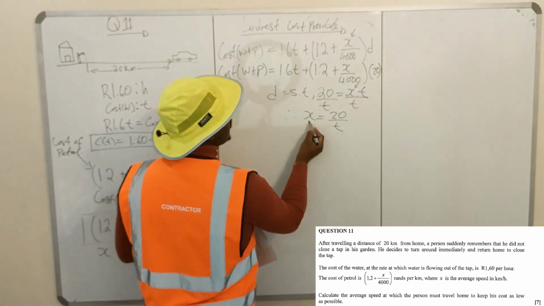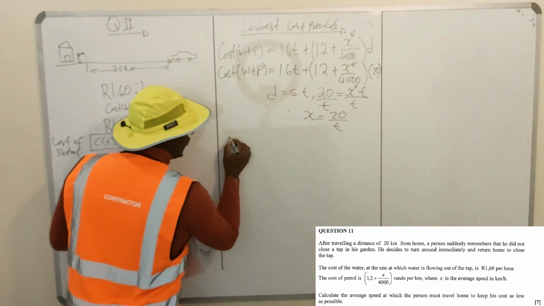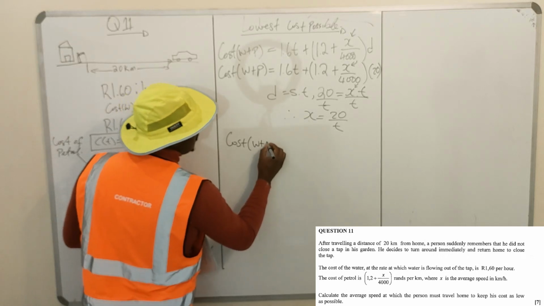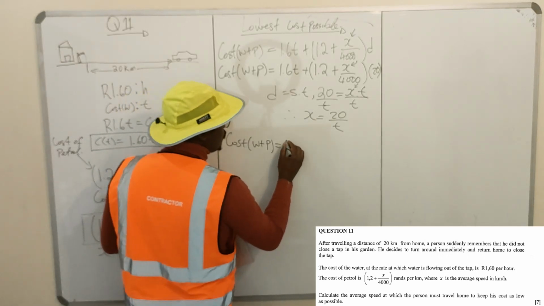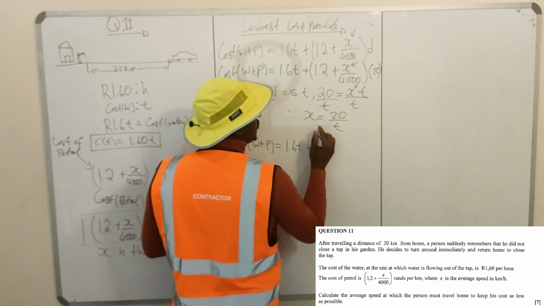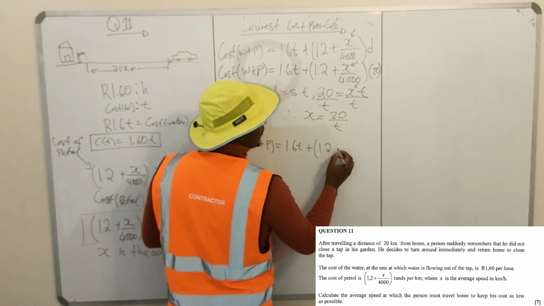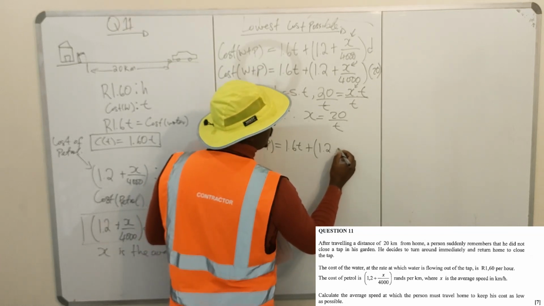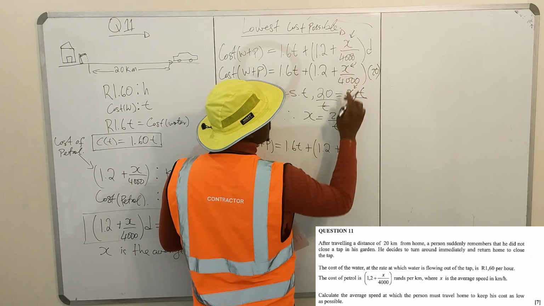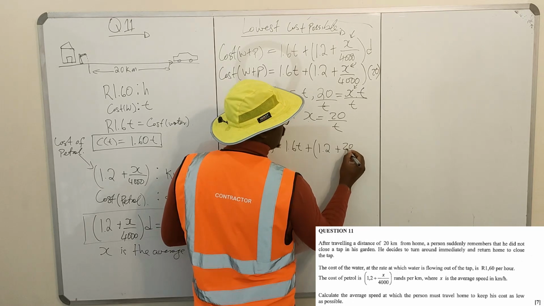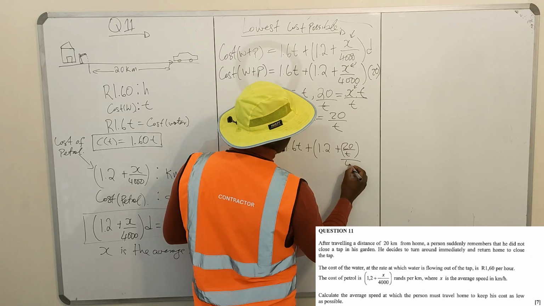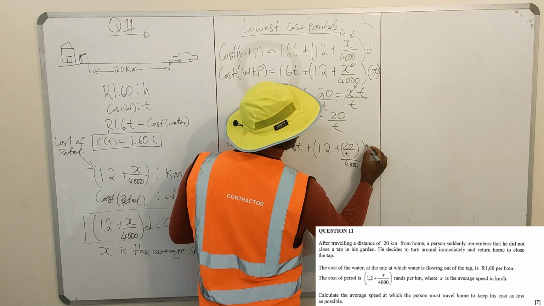This is your average speed. So you take this average speed of yours and substitute it there. So you have your cost of water plus petrol is equal to 1.6t, which is the cost of water, plus (1.2 plus speed, which is 20 over t, divided by 4,000) times 20.